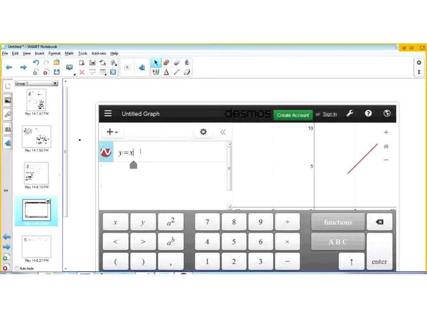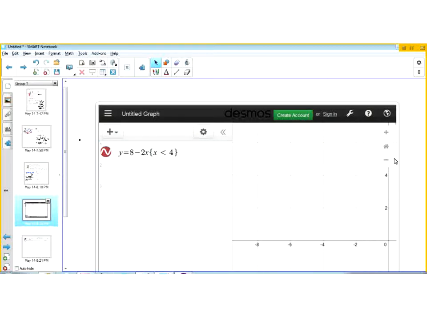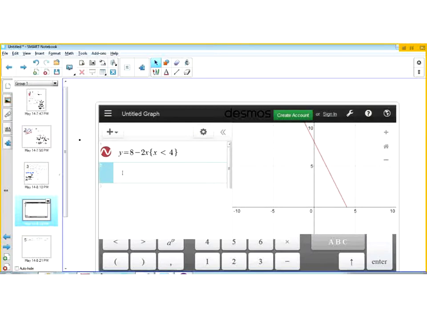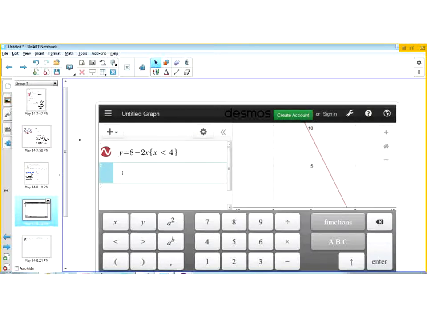So y is equal to 8 minus 2x for x less than 4. So there's the red portion, and then I just had a zoom problem.